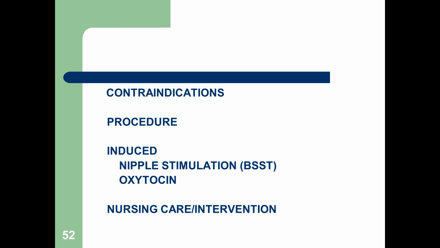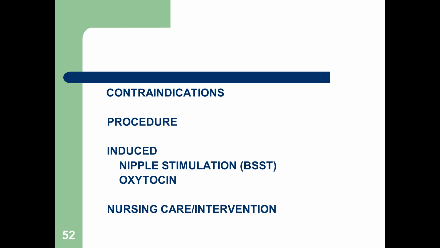Contraindications for a CST: third trimester bleeding or unexplained vaginal bleeding, if there was a previous C-section with a classical incision, and if the risk of preterm labor outweighs the advantage of the CST, as with patients with premature rupture of membranes. So you don't want to stimulate their uterus to where they're having contractions, certainly if they're at risk for premature labor, because you don't want them to go into labor prematurely, okay?